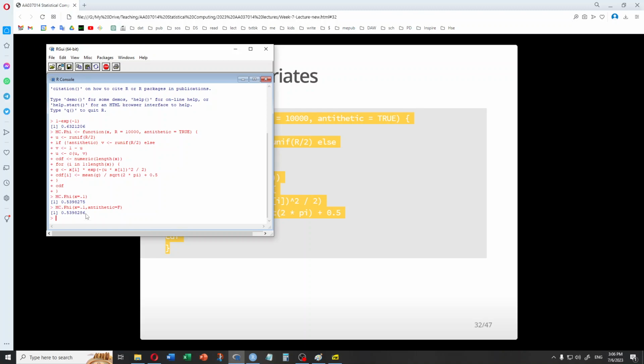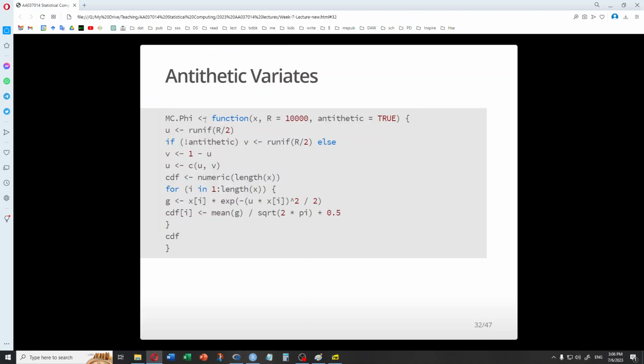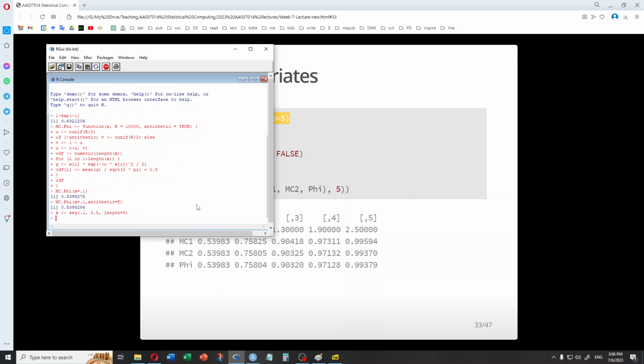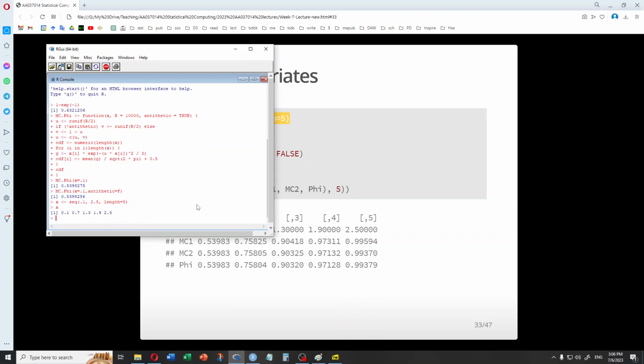Now we want to evaluate at x equal to 0.1 and several other numbers. Here x is a sequence of 5 numbers: 0.1, 0.7, 1.3, 1.9, and 2.5, and we want to evaluate the CDF at each of these points.